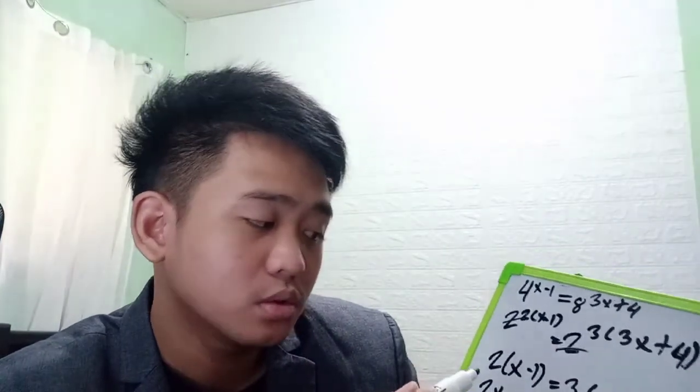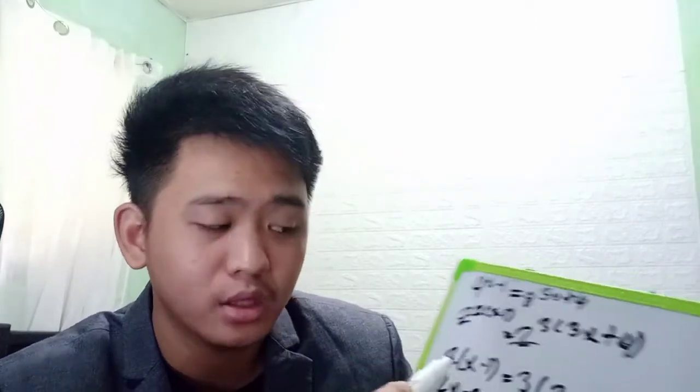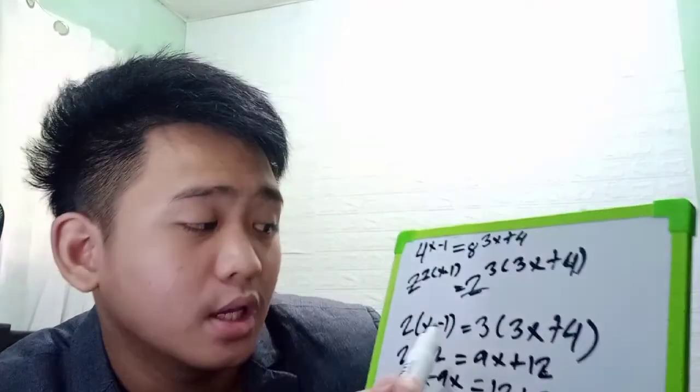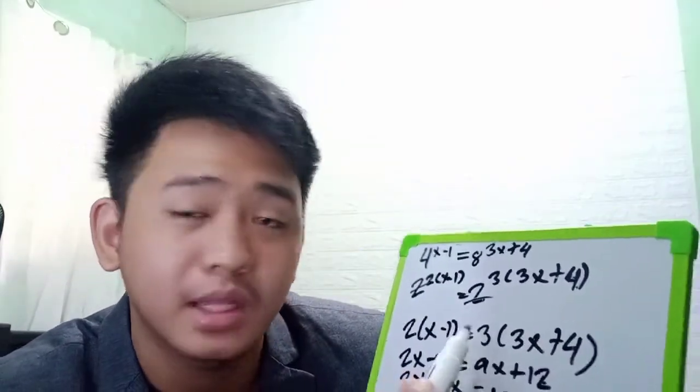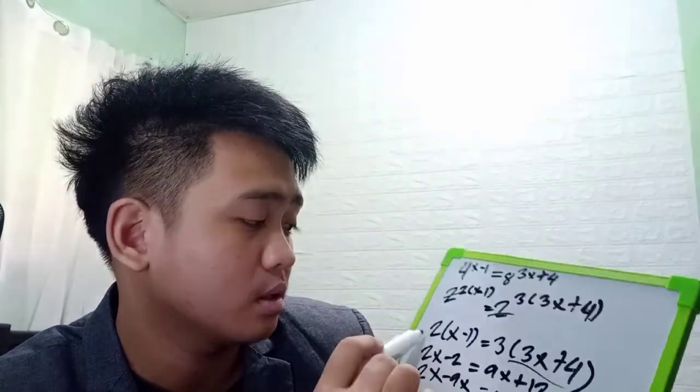So 2 times x minus 1 equals 3 times 3x plus 4. Okay? Bring down the exponents.